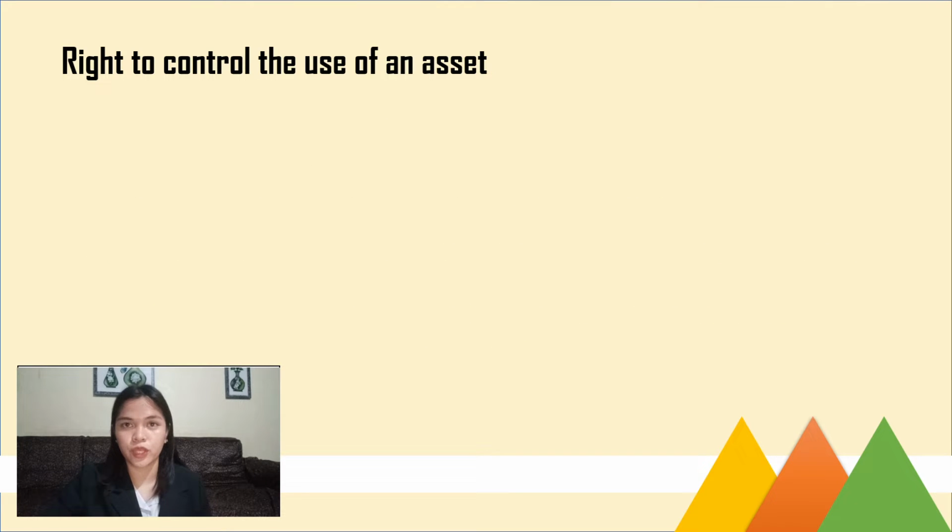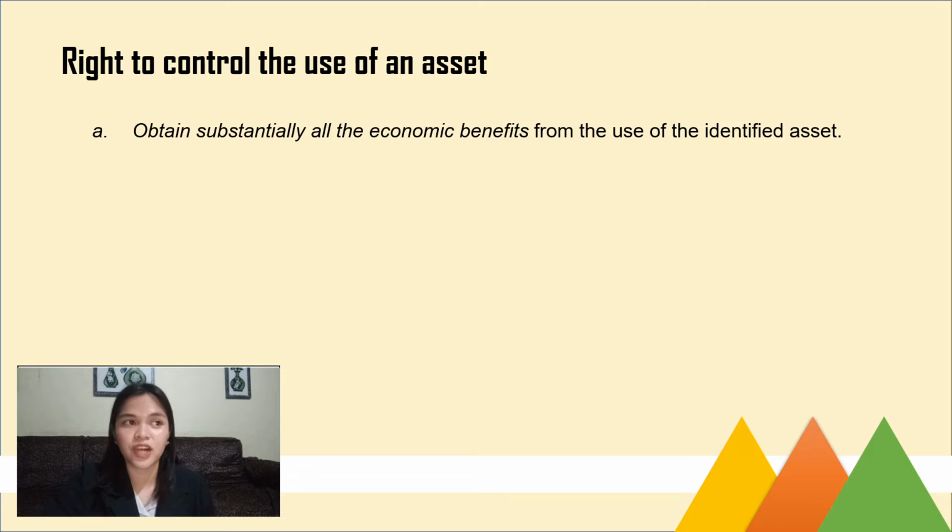Right to control the use of an asset. So, masasabi na there is a right to control the use of an asset if the customer has the right to obtain substantially all the economic benefits from the use of the identified asset. So, for example, kunyari si lessee, inupahan niya yung first floor ng building ni lessor.